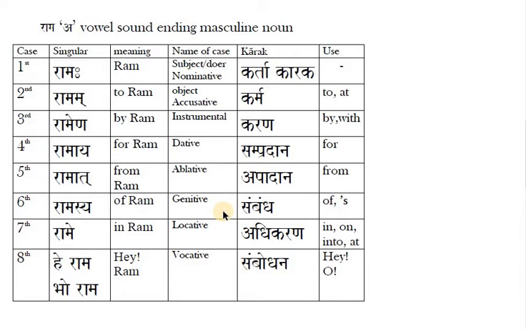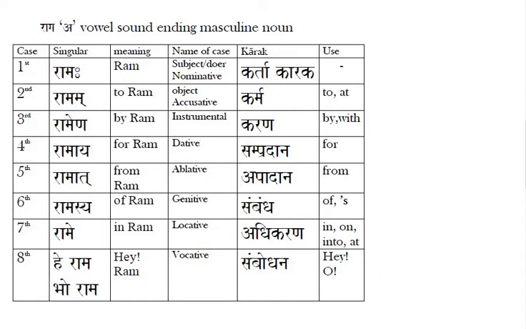I repeat, in Sanskrit, the words which are connected with the action are called karaka. Now these words can have different prepositions like to, by, for, from, of, as subject or object. As you saw, Ramaha as subject, Ramam as object, Ramena means by Ram, Ramaya means for Ram, Ramat means from Ram.